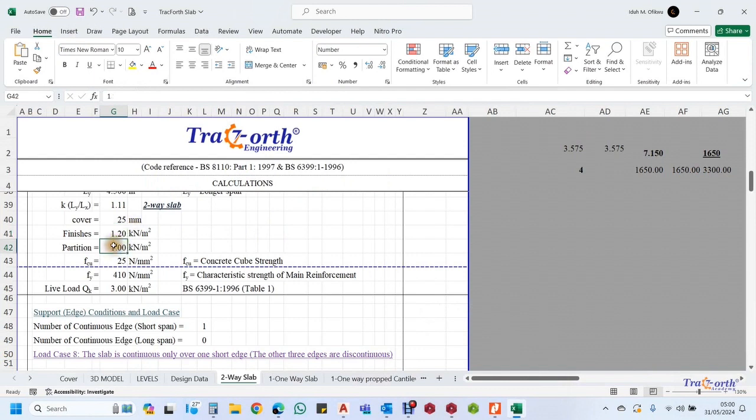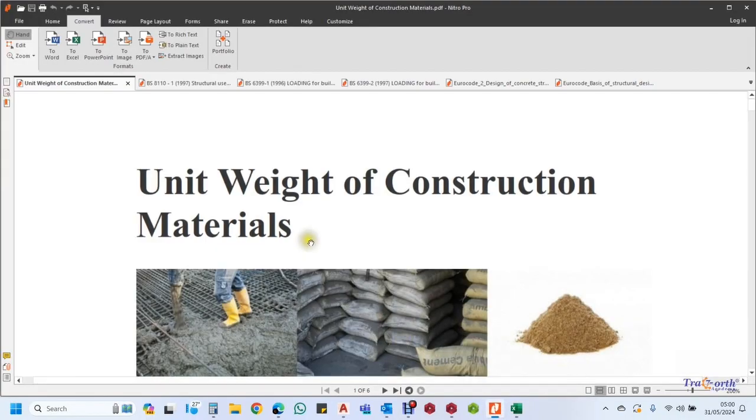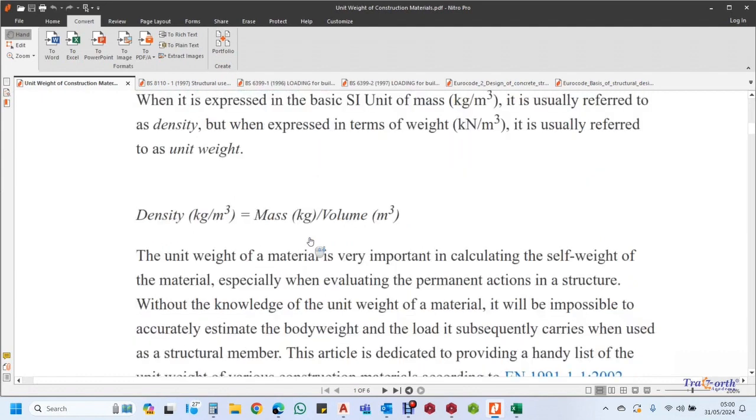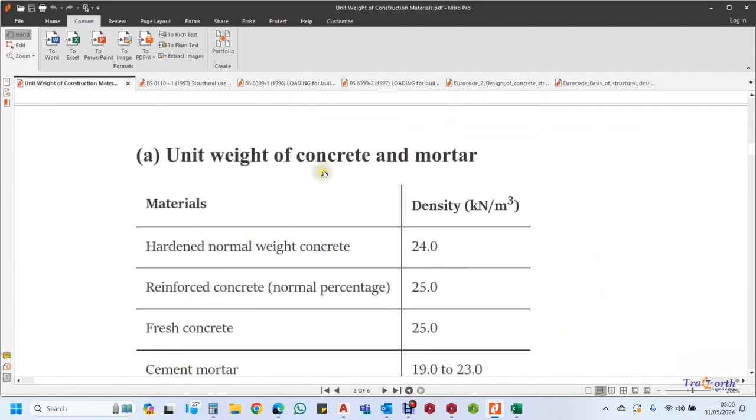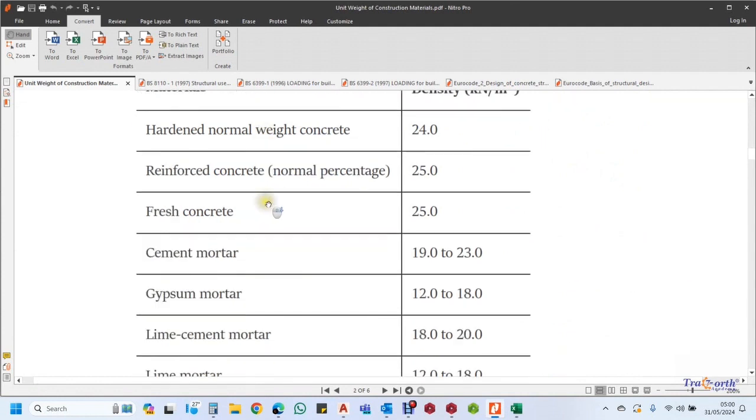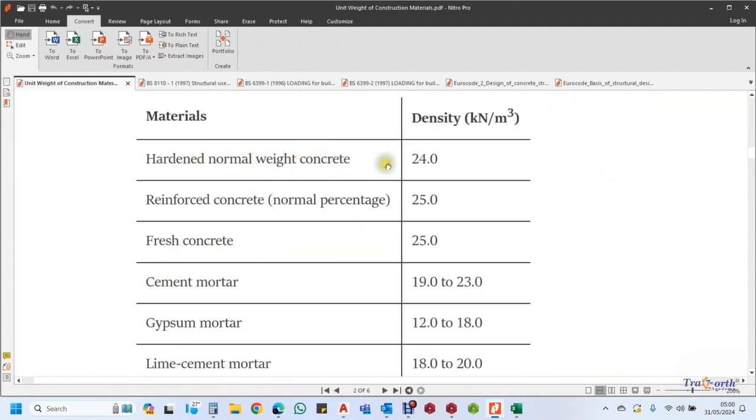All these can be gotten from different literature and even the relevant code. For instance, you have different unit weights of concrete and mortar. You can see hardened normal concrete, reinforced.